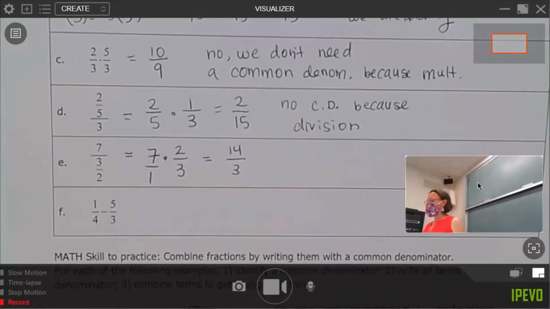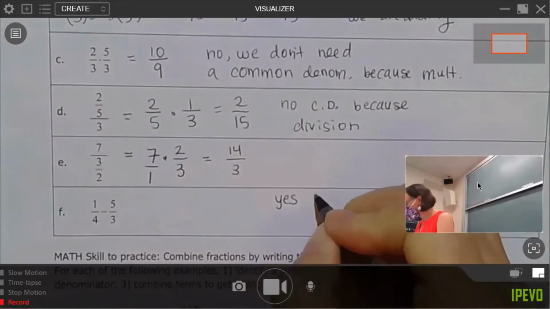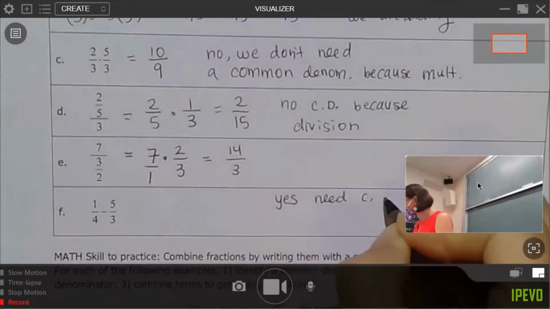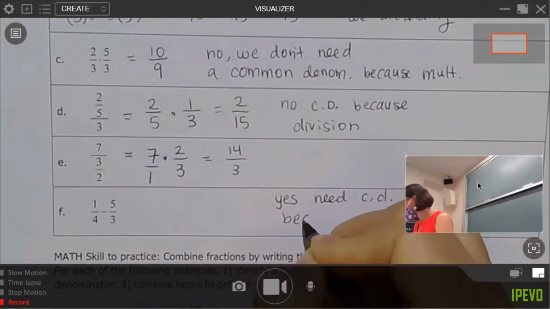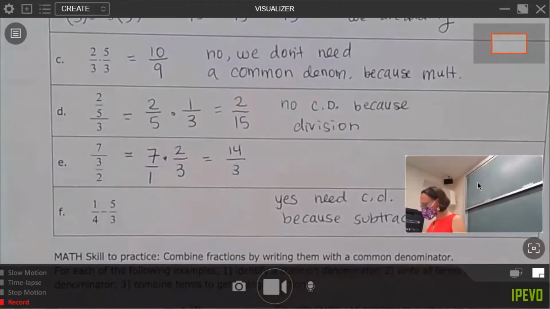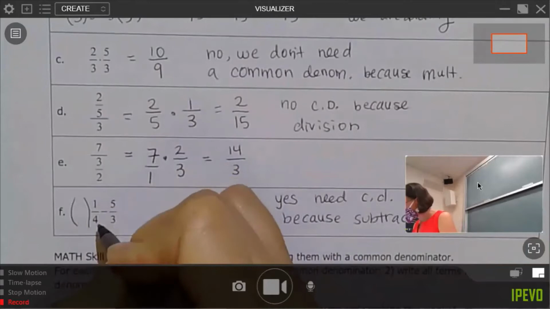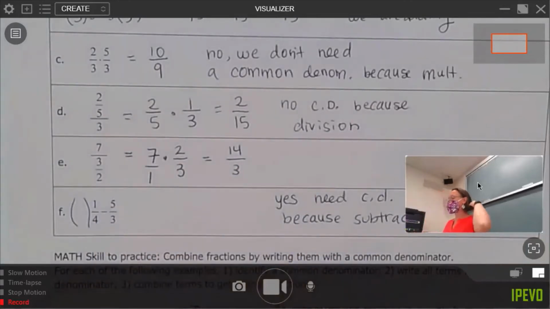So if we take a look at F, we are subtracting fractions, which means yes, we need a common denominator because we're subtracting. And in this case, my common denominator is going to be 12, 4 times 3.